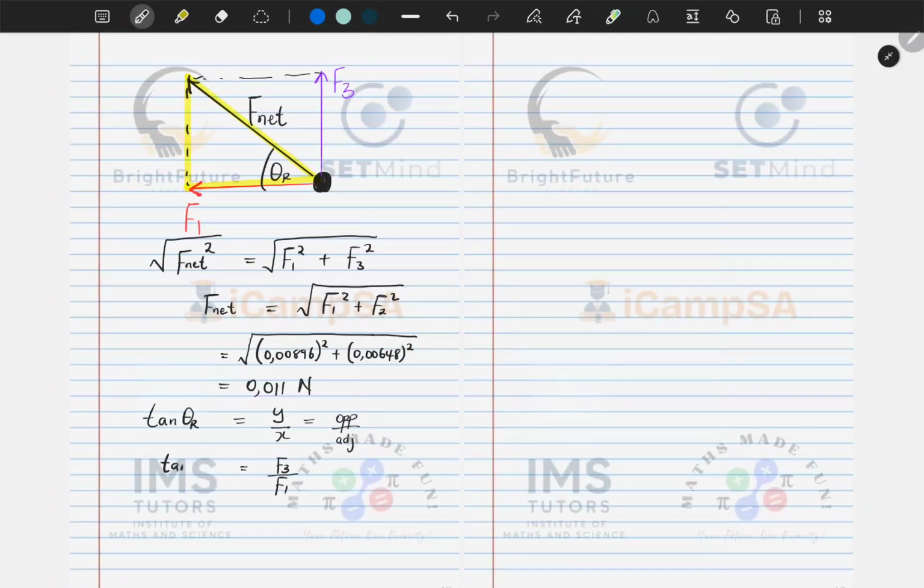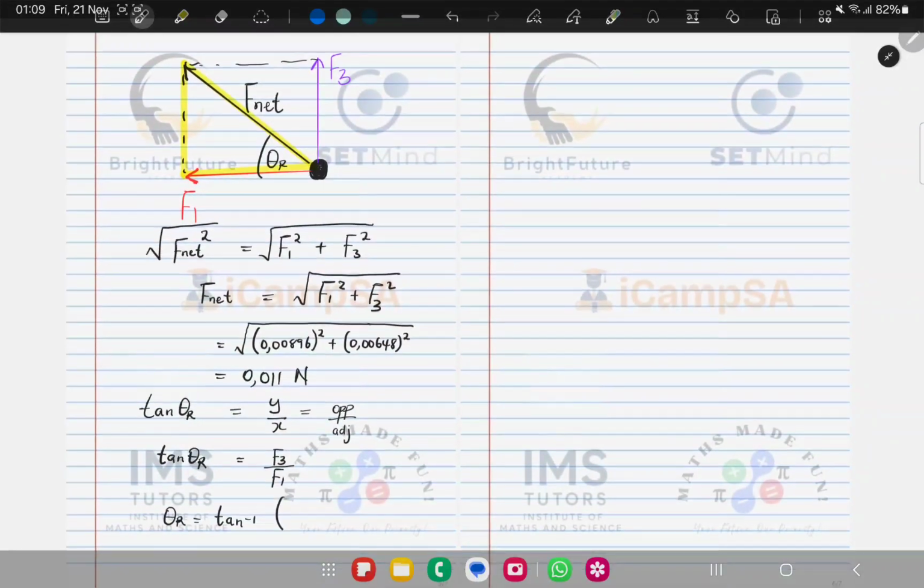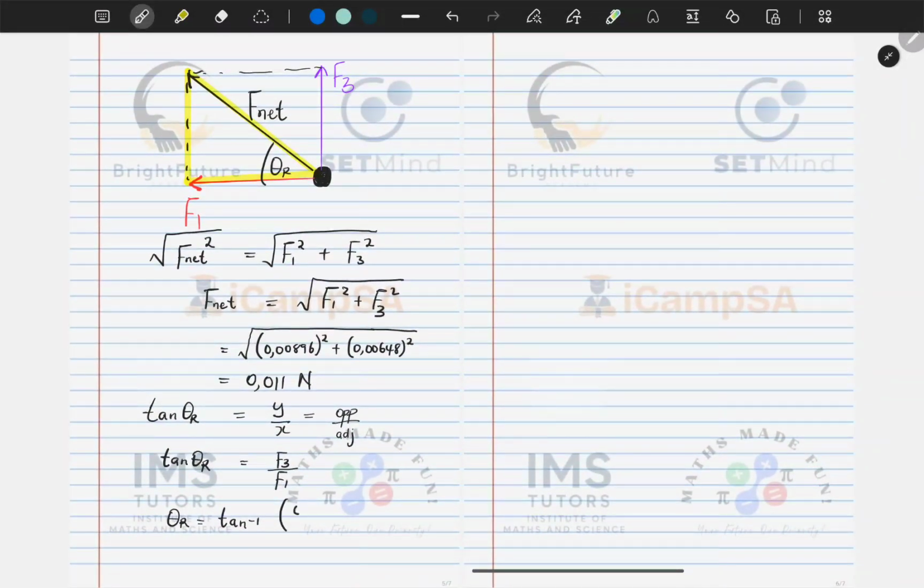That's our tan theta r. Therefore, theta r is just the inverse tan. Then we can substitute. F3 we said is, oh sorry, I made this F2. This is F3. We said F3 is 0.00648 and F1 is 0.00896.